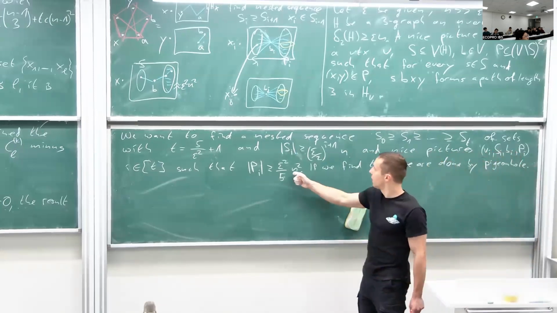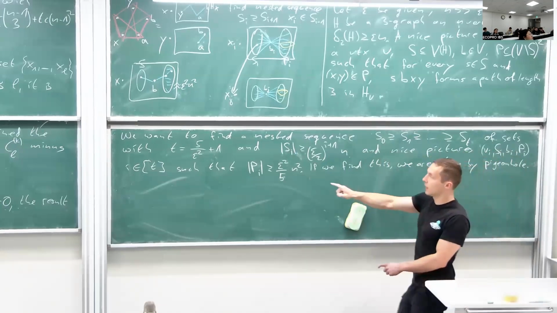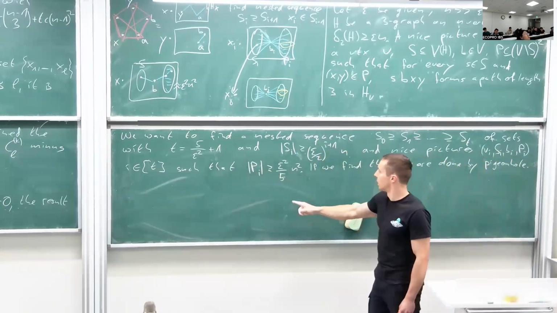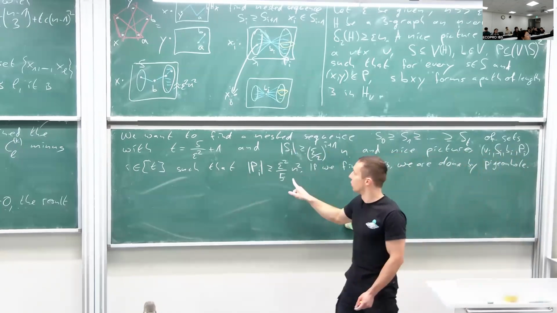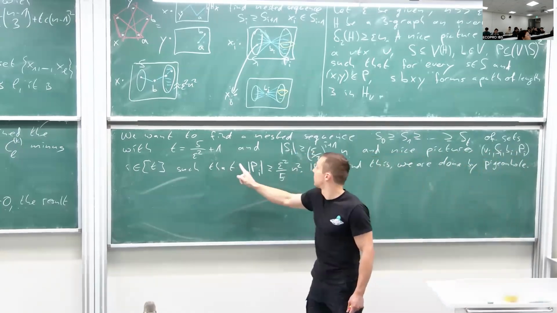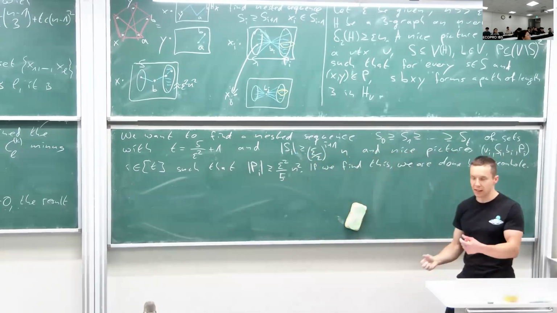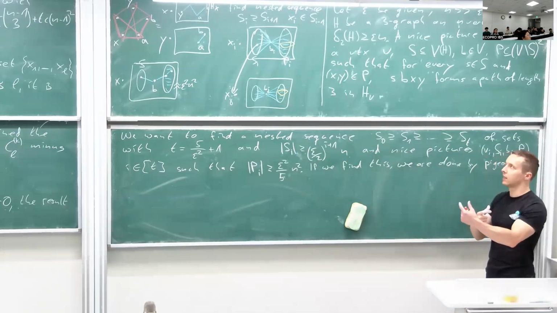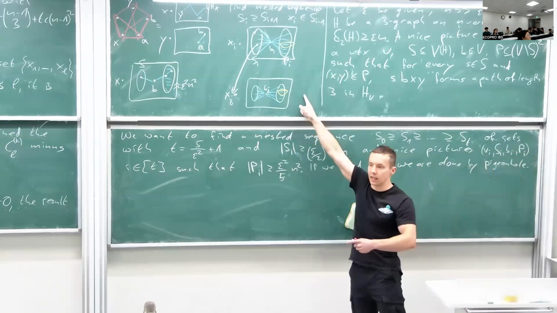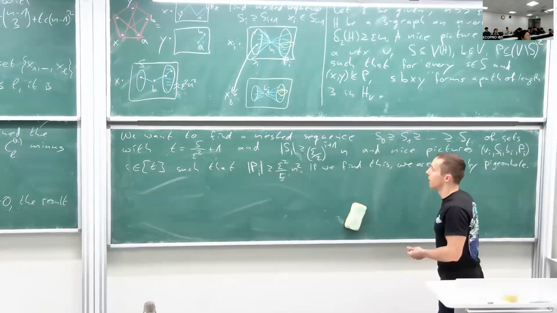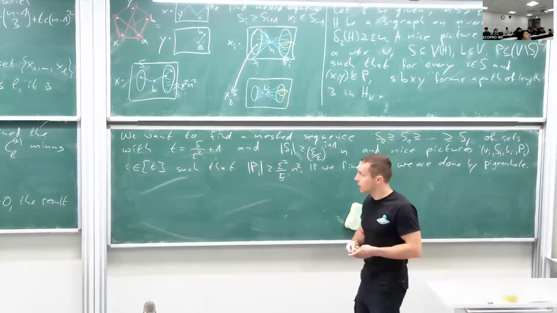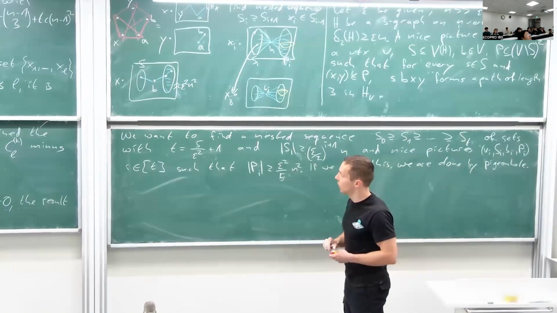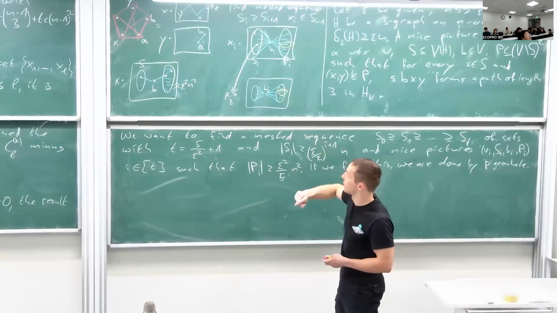Because of this and the choice of our T, we get that because there are at most n squared ordered pairs, after T steps, two of these sets of ordered pairs need to have an overlap. And then we are exactly in this situation. So maybe let me just sketch how we can construct this picture.